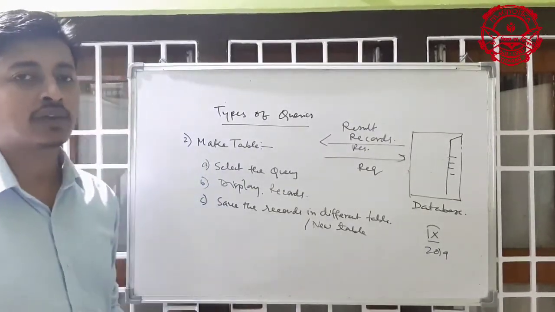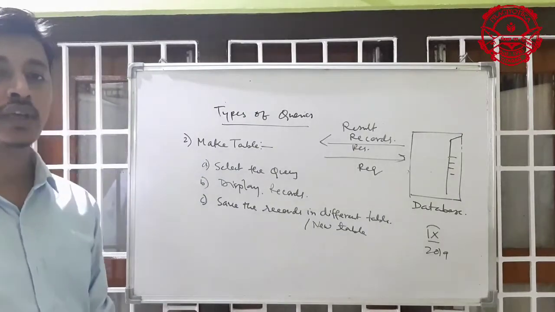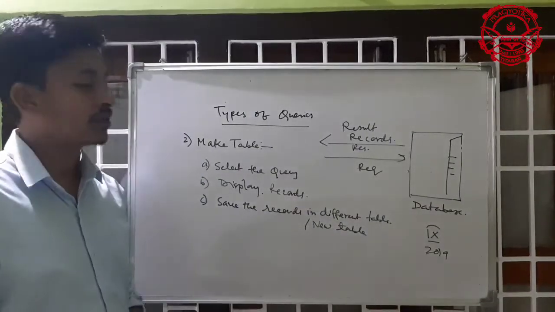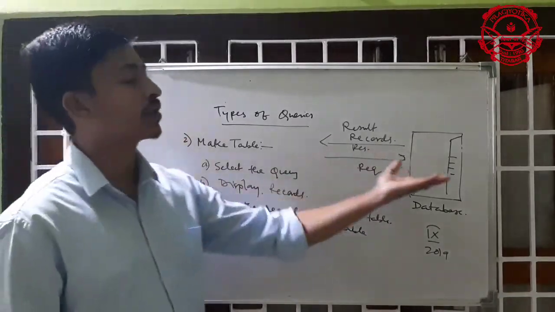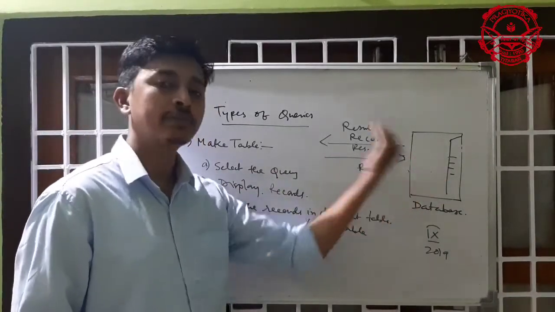Who got the highest mark, who got the lowest mark. So that is what we need, and after that we can create the query, give the request to the server, and the result will display.